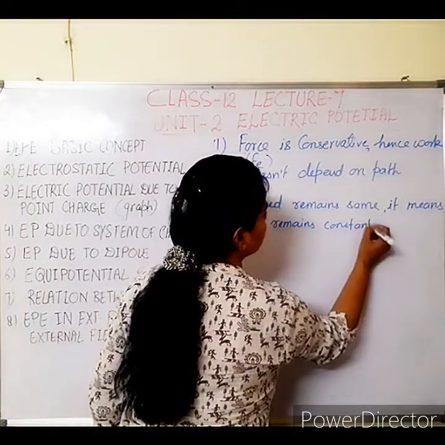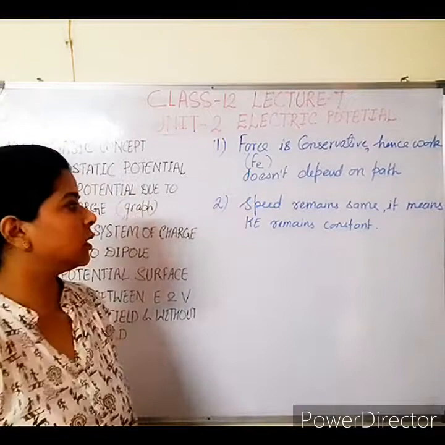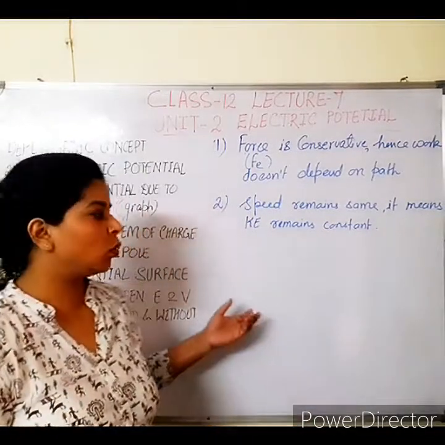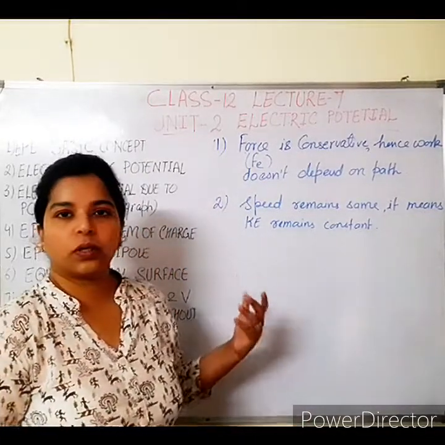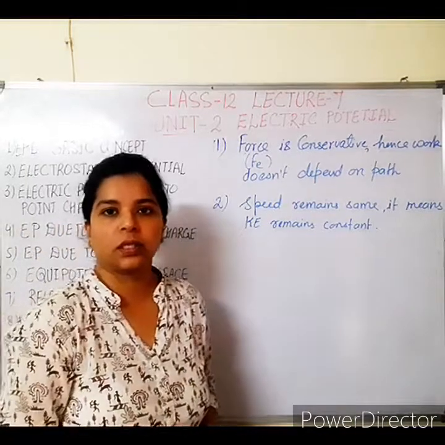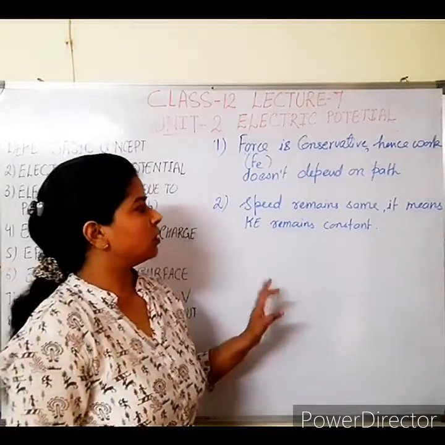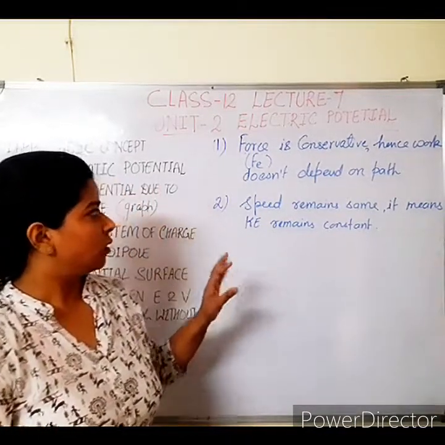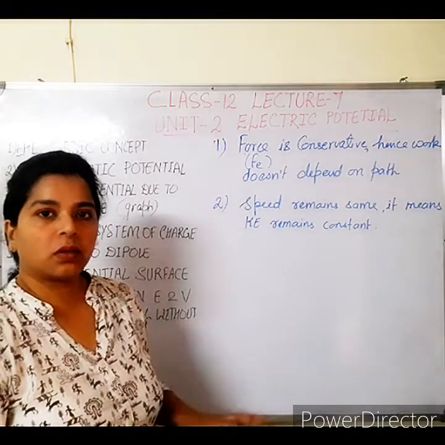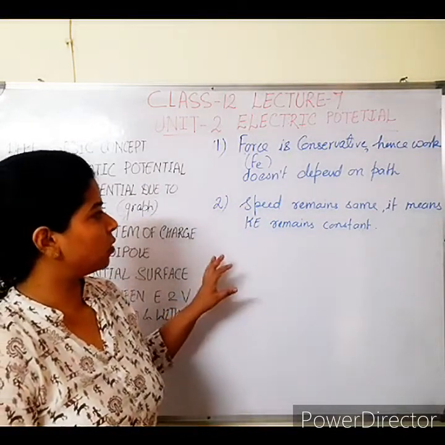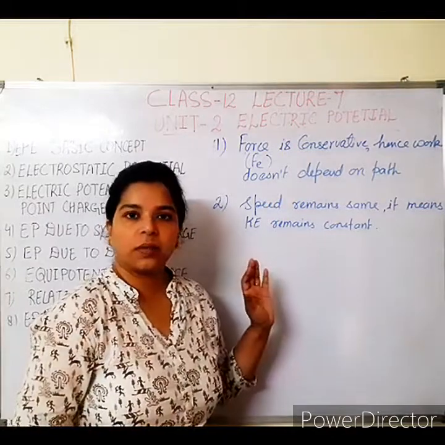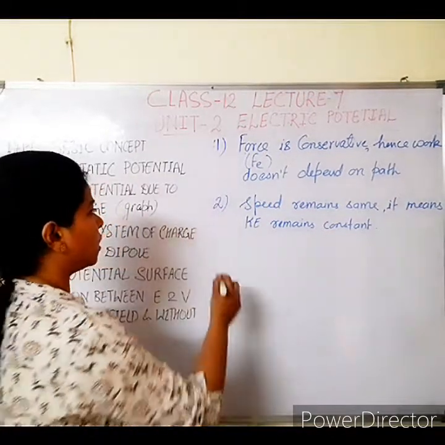We will not consider the case that the test charge is at rest, because then there is no meaning of the motion of the body, no meaning of doing work over the test charge body. So we are considering only the case where the speed is constant, and then kinetic energy remains constant. Okay, this is the second point.